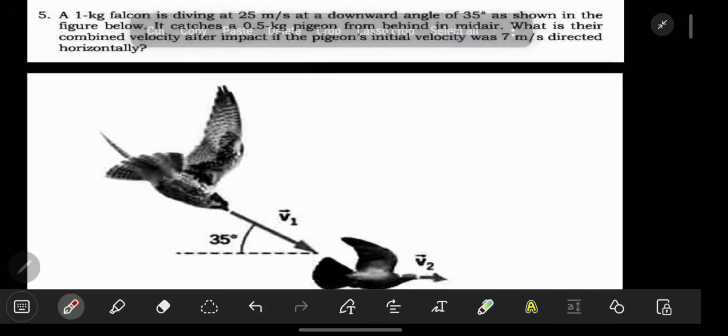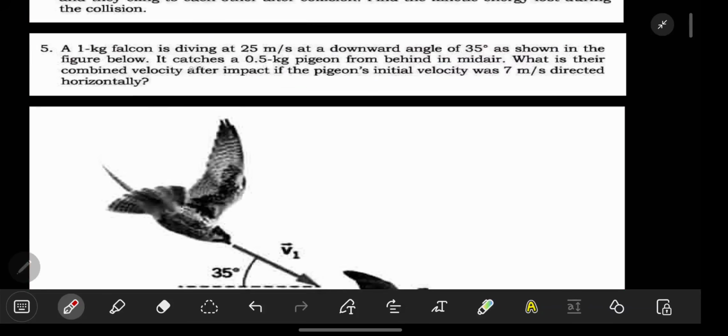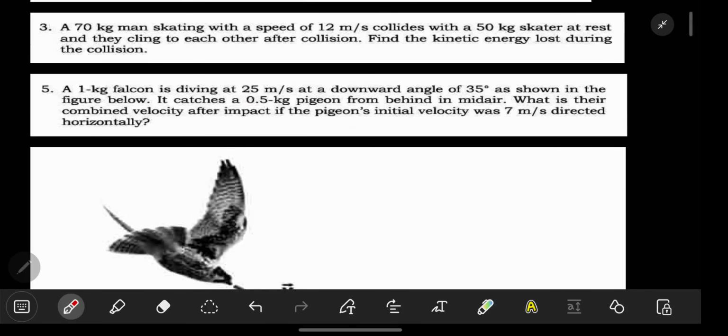So we have not this one, but the one for the ego now. We have a 1 kg falcon traveling at 25 meters per second at a downward angle of 35 degrees as shown in the figure below. It catches a 0.5 kg pigeon from behind in mid-air.